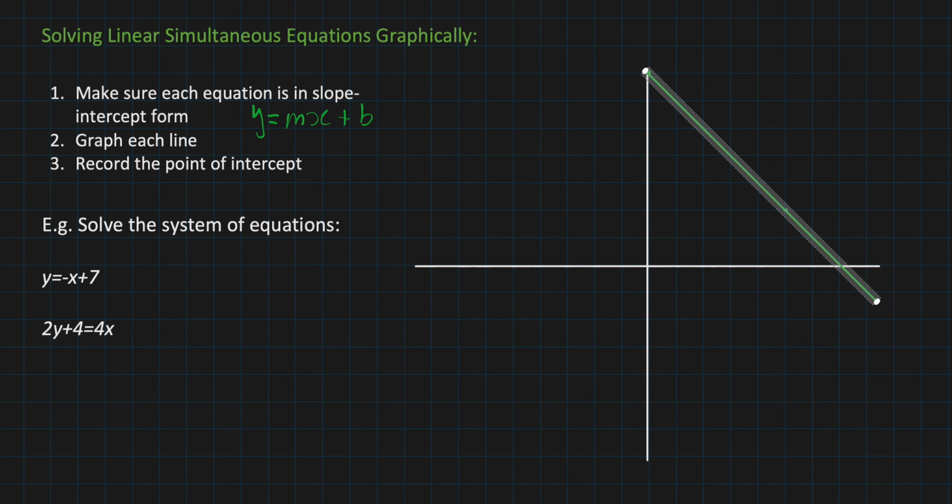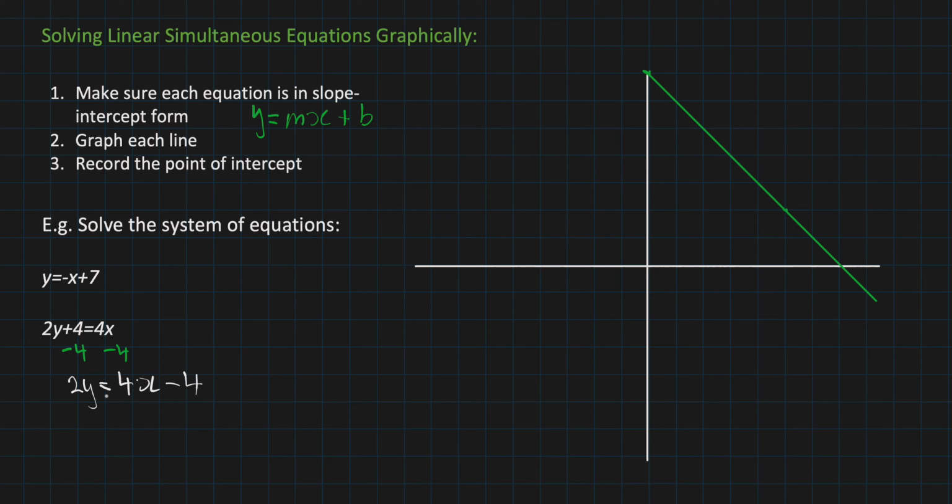But if we look at our second line, our second equation, it's not in slope-intercept form. So we need to actually make sure that it is. So the first thing we're going to do is try and solve so we have y is equal to. So I'm going to undo this 4 here, minus 4. And we end up with 2y is equal to 4x minus 4.